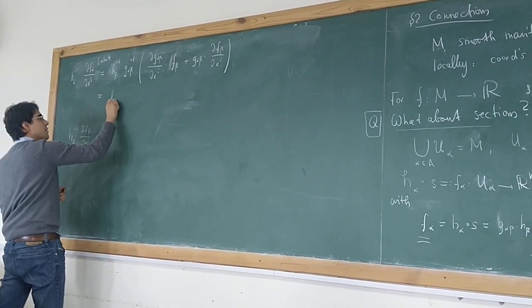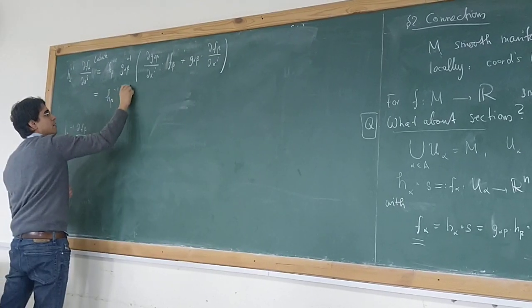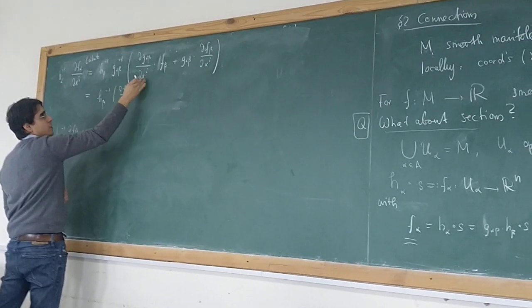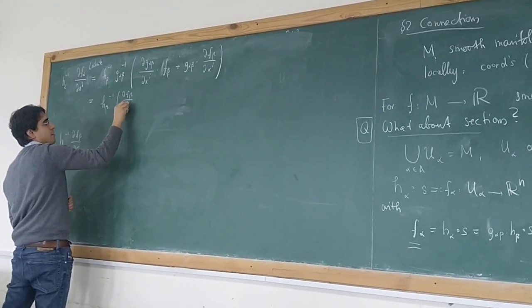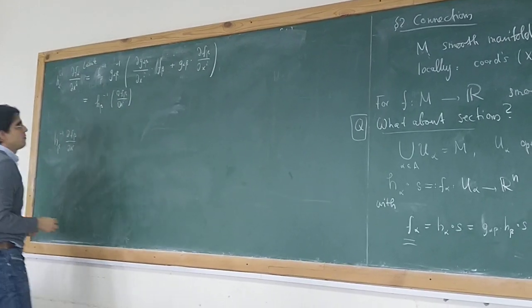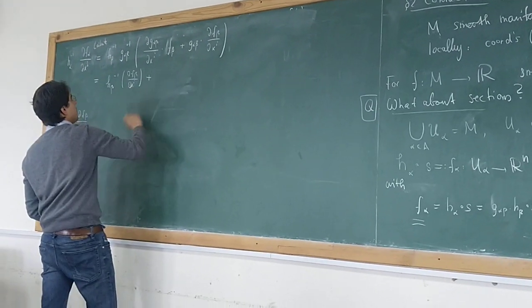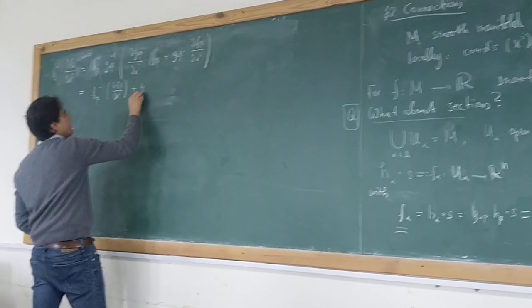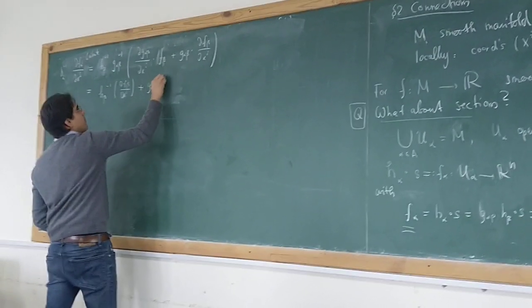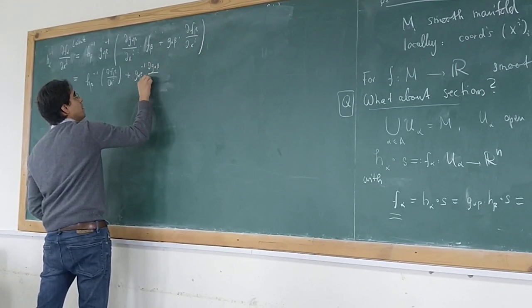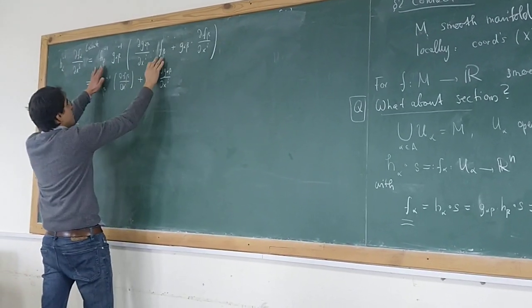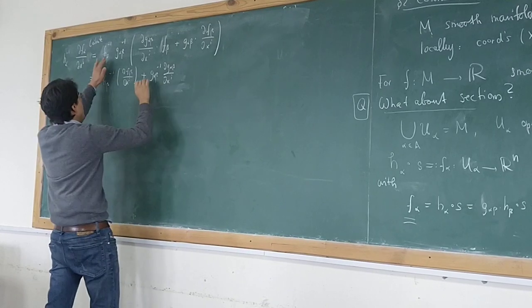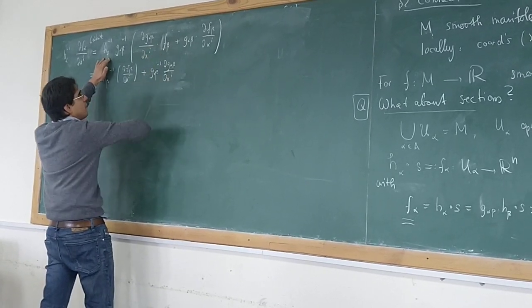This looks nice, but there's of course this additional term here which is disturbing. So this is plus G alpha beta inverse dG alpha beta by dx i, and these two I can combine, H beta inverse F beta.